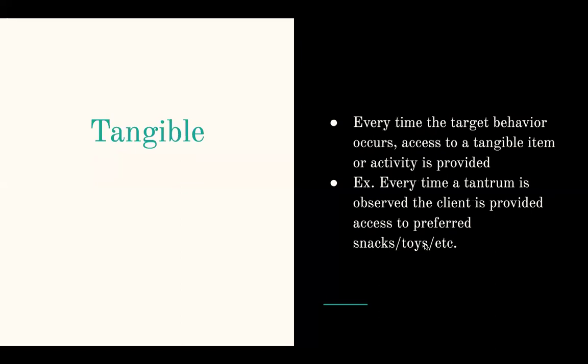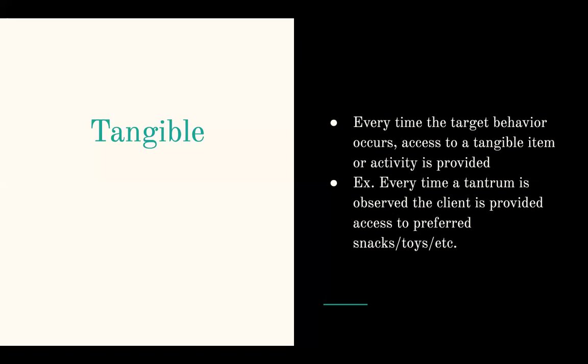And I believe the last one would be the tangible condition. Every time the target behavior occurs, access to a tangible item or activity is provided. The example here: every time a tantrum is observed, the client is provided access to preferred snacks, toys, and so on. The premise of this is every time we see the behavior, the client is given something.